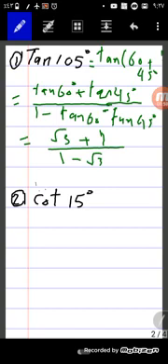Now we can calculate cotan 15. We know that cotan is the reciprocal of tan, then it equals 1 over tan 15. We can make 15 as a difference between 45 and 30.